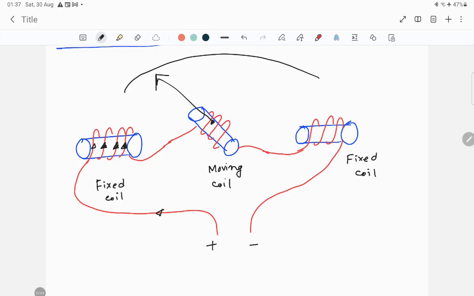And the orientation of the fixed coils, both the fixed coils, will have the same orientation of winding, but in the moving coil the coil winding will be in a totally different direction. Okay, so in this configuration, current is going in this manner. So over here the direction of the current will be this way.